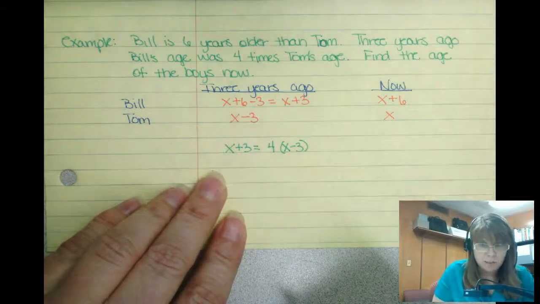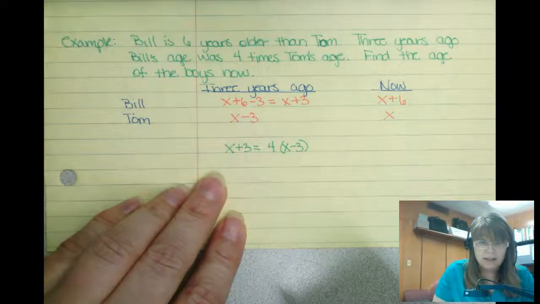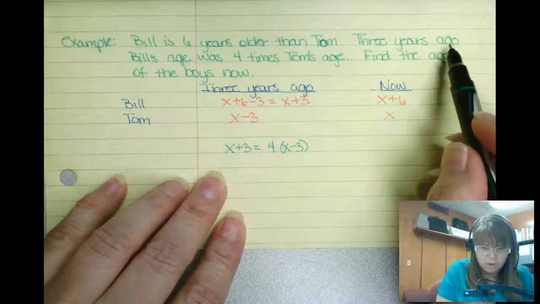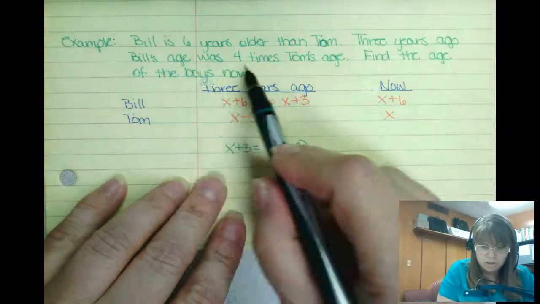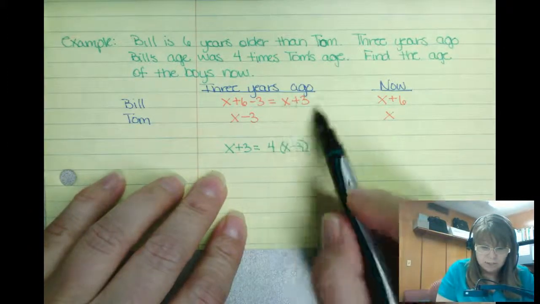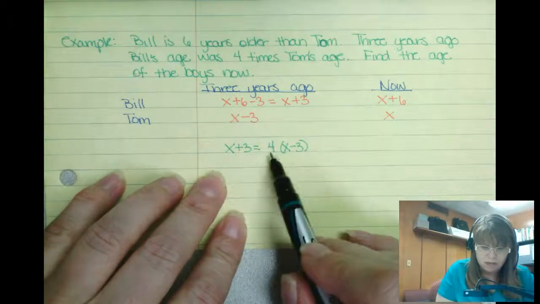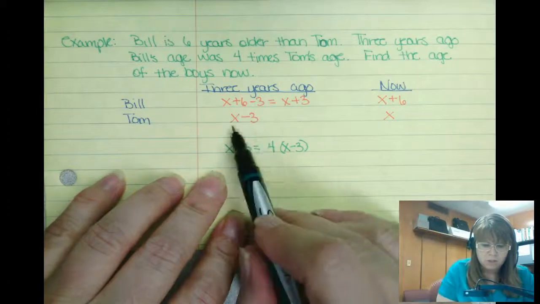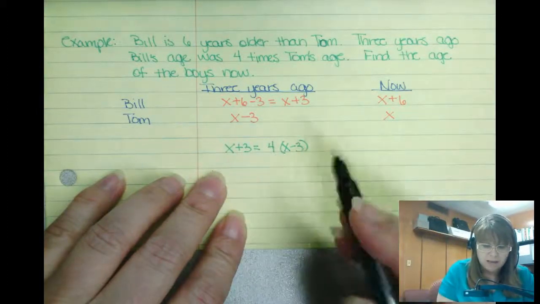Now that I have my equation, I can solve for X. Let me repeat: 3 years ago, Bill's age was 4 times Tom's age. So Bill's age, X plus 3, equals 4 times Tom's age 3 years ago, which was X minus 3, 4 times that.